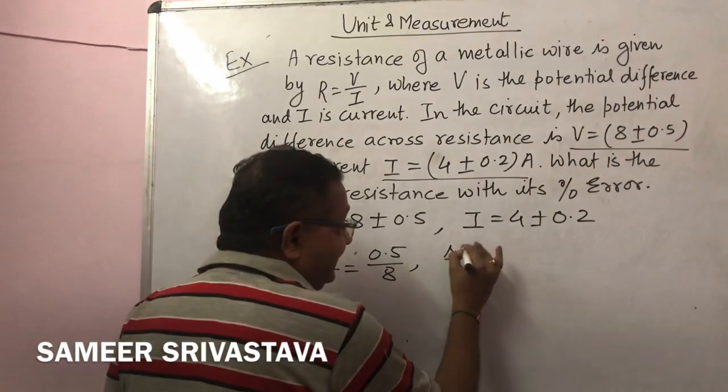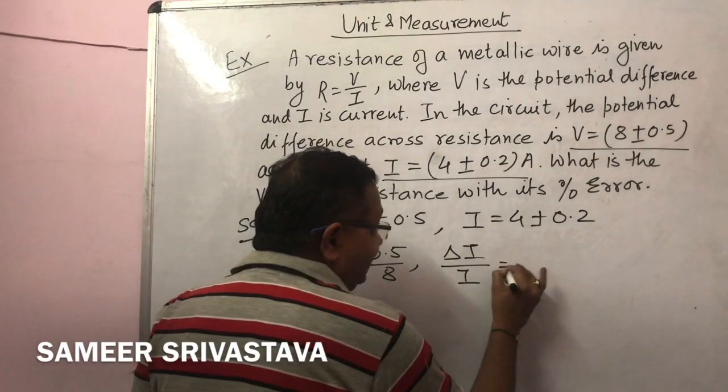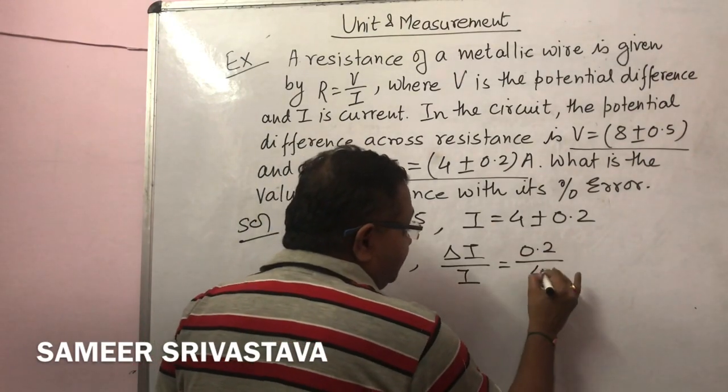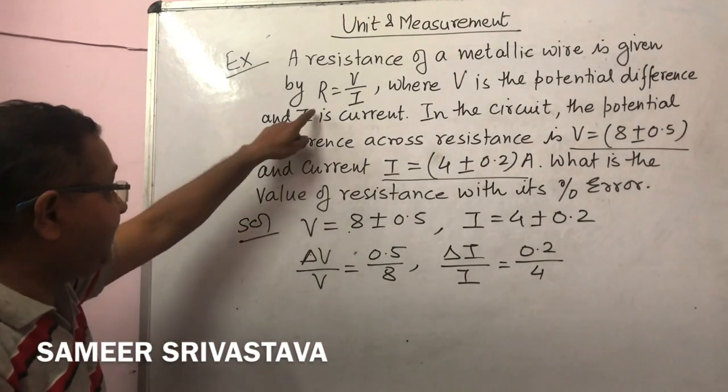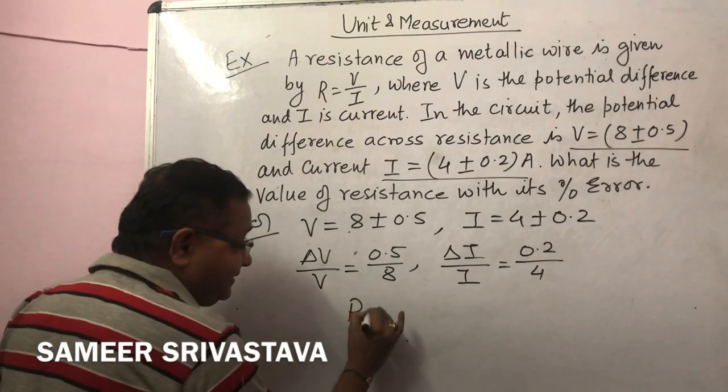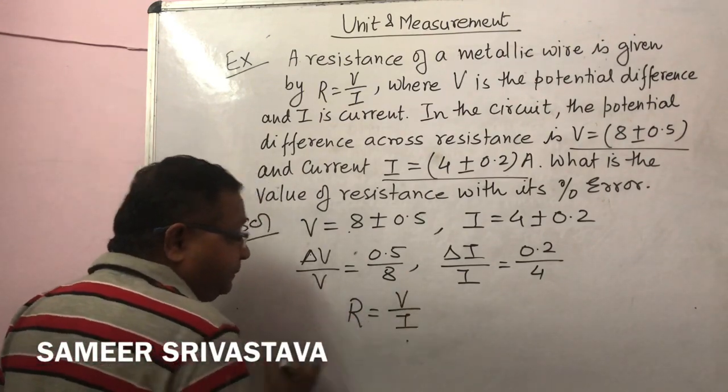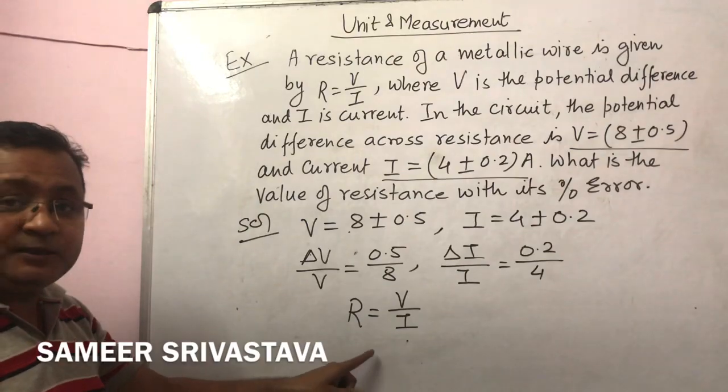Similarly, delta I upon I we can write as 0.2 upon 4. The relation is given as R is equal to V upon I.